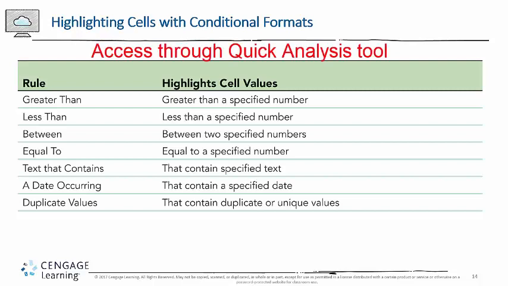The Quick Analysis tool provides access to the most common tools for data analysis and formatting. You can remove a conditional format at any time without affecting the underlying data. Always include a legend. This is a key that identifies each color and its meaning in the worksheet. And note that when and if the cell's value changes, the conditional formatting will automatically update in accordance with it.